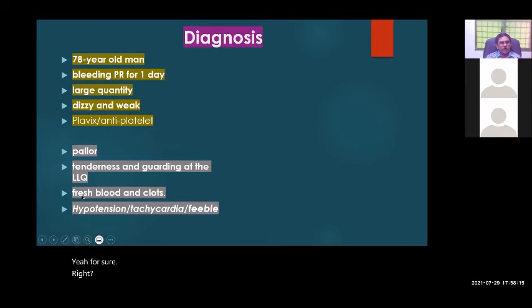The bleeding is fresh blood and clots. What does that mean?